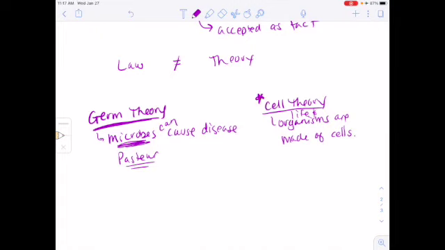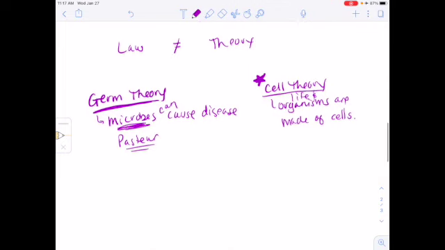This was controversial way back in the day. We accept that life is made of cells, that our bodies are made of collections of cells that work together for specific purposes, and we call those cells that work for specific purposes organs in our bodies, for example.